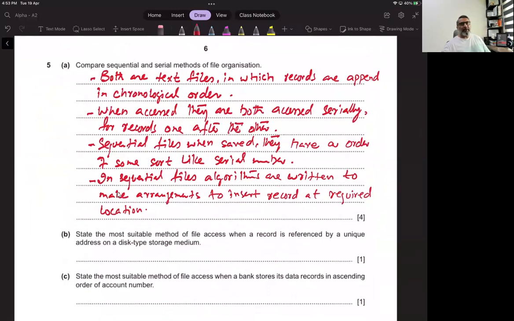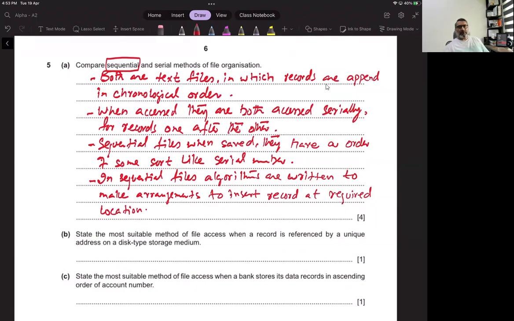All right, compare serial and sequential methods of file organization. Both are text files in which records are appended in the chronological order, but you need to understand that sometimes sequential files are over the direct access medium. So they can be accessed directly if they are saved over the direct access medium.